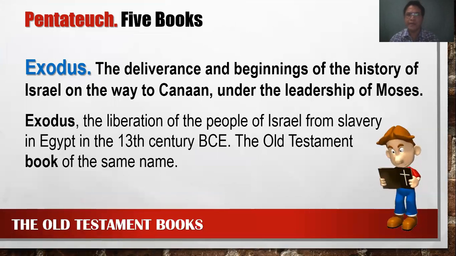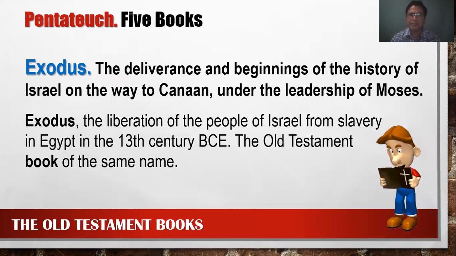Next, the book of Exodus. This book tells us about the deliverance and the beginnings of the history of Israel on the way to Canaan under the leadership of Moses. The book of Exodus is the liberation of the people of Israel from slavery in Egypt in the 13th century BCE.